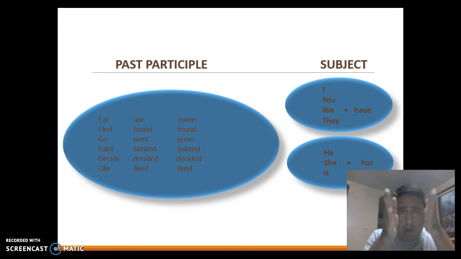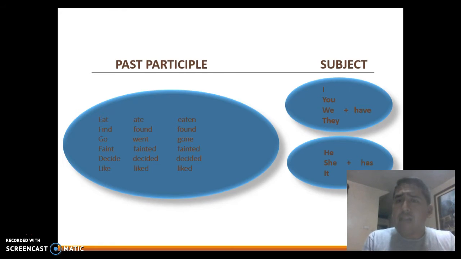I'm talking about the third column. In the case of the regular verbs, we simply add the -ed to form the past participle. For example, faint, fainted, decide, decided, like, liked.